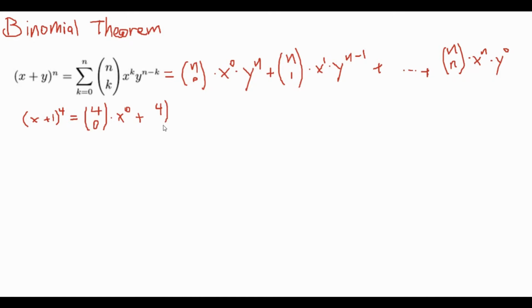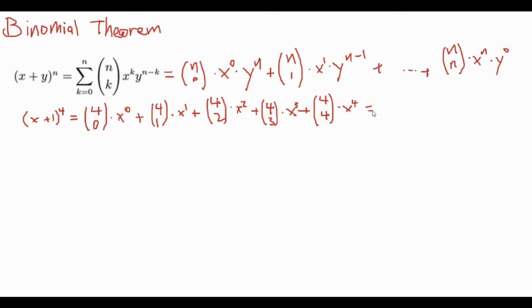Now for k equals 1, it's 4 choose 1 times x^1 times, well, 1 to the power of 3 is still 1. So next term, 4 choose 2 times x^2. Next term, 4 choose 3 times x^3. And finally, we have 4 choose 4 times x^4.